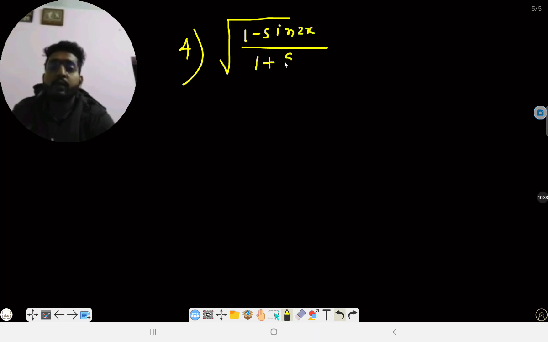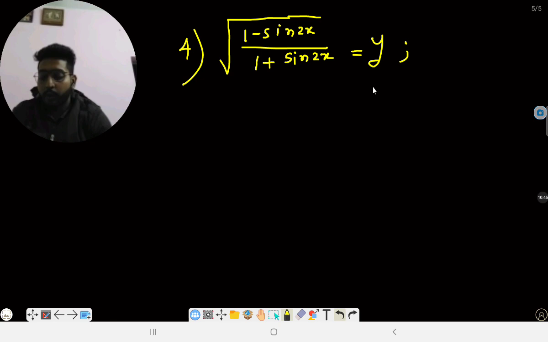Okay, so question number 4. What is the question here? This is given here, root over of 1 minus sine 2x by 1 plus sine 2x. This is given as y.